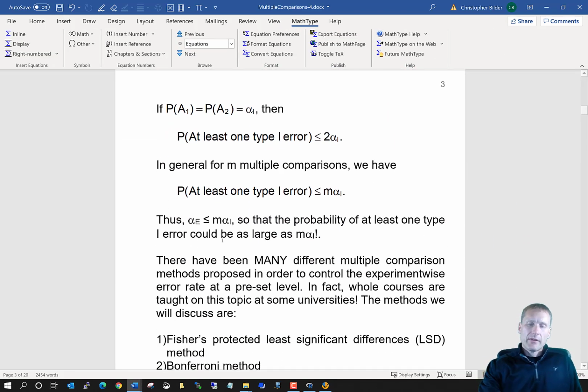So what is the probability of a type 1 error for an individual comparison?